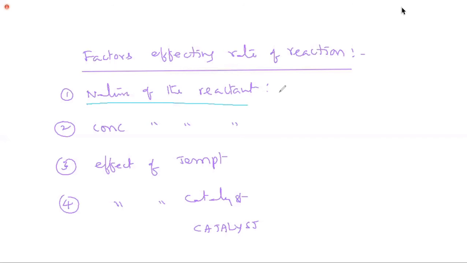Now, nature of the reactant. Here itself write one word. Ionic reactions. Do you have the space there? Two lines will come. Ionic reactions take place faster than covalent reactions.